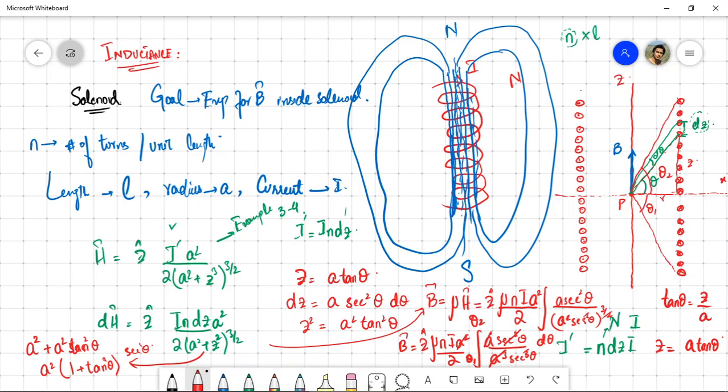Okay, I think we'll have to use another page, or we'll just remove this. So we'll remove this, and now what we have is that we'll solve this integral.